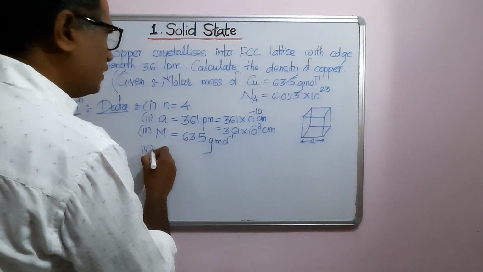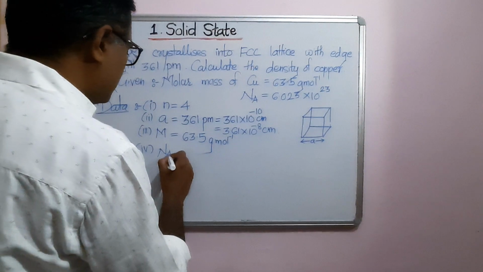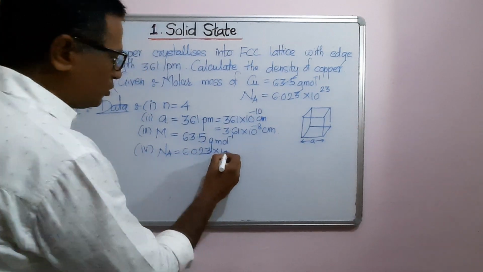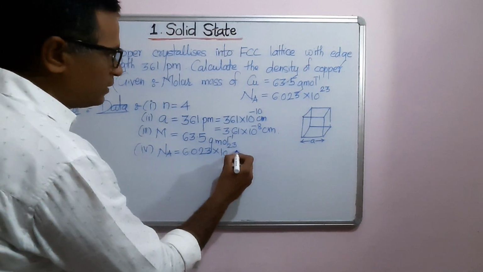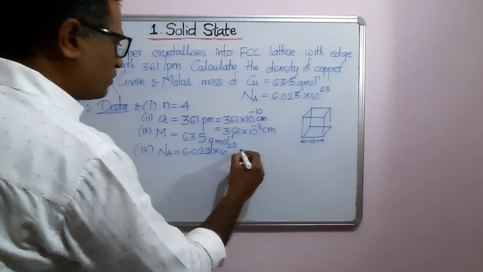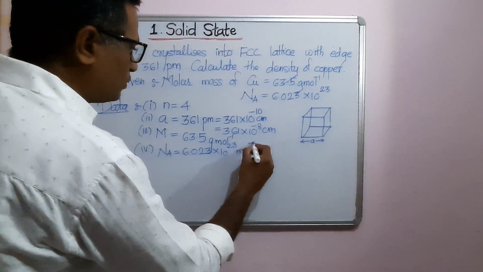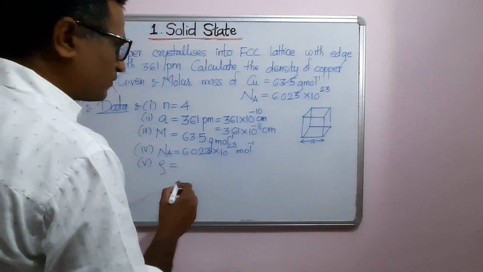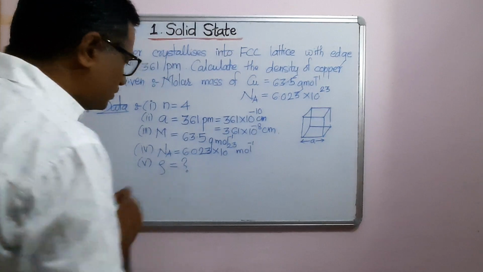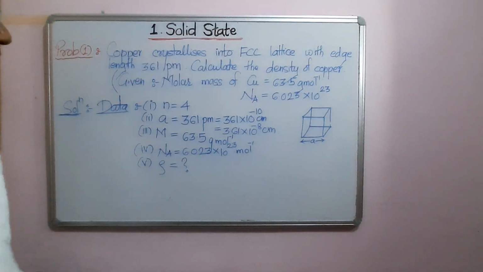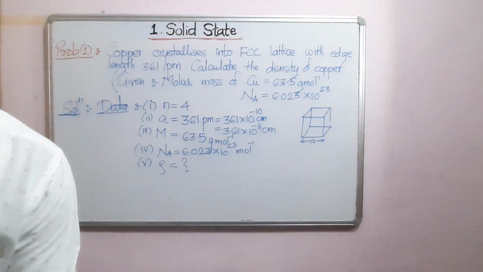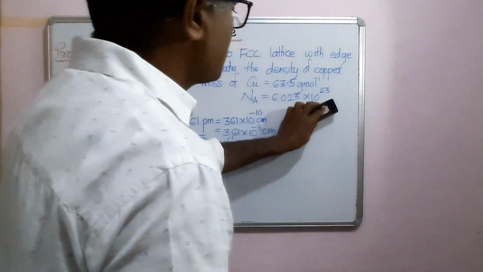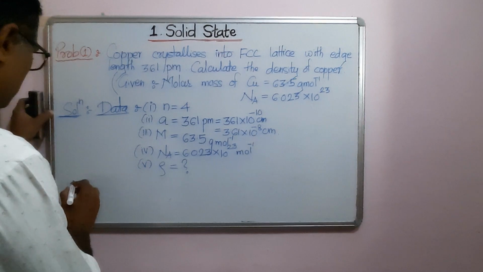And the next one they have given is Na, which is 6.023 into 10 to the power 23 per mole. And the last one, what they ask, is to calculate the density of the unit cell. So it is a straightforward problem. Just write the formula and then solve.